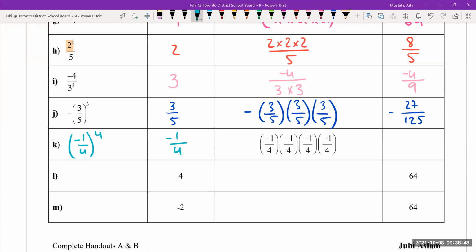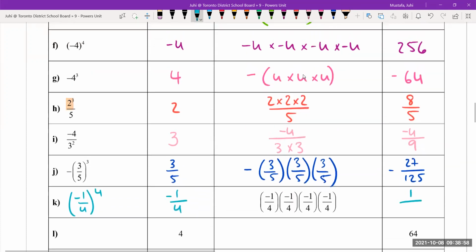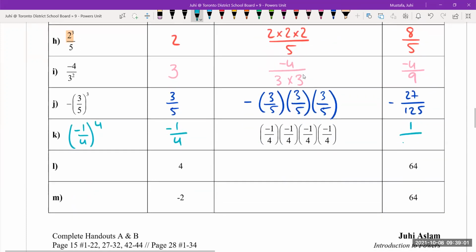So -1 times -1 times -1 times -1 would give me +1. And then 4 times 4 times 4 times 4. I think we did this one already, yep, it was 256. Good. Everything went wrong there. 2 more questions and we are done.